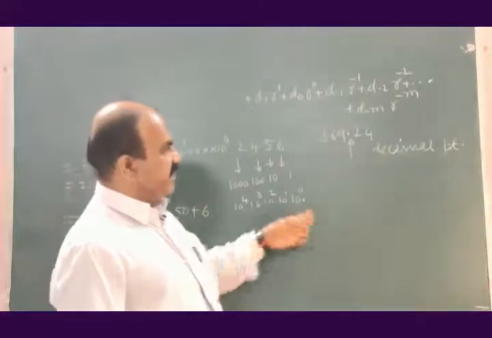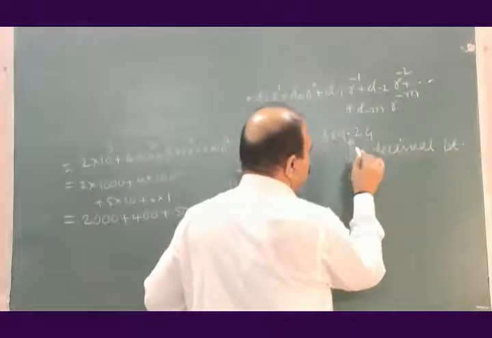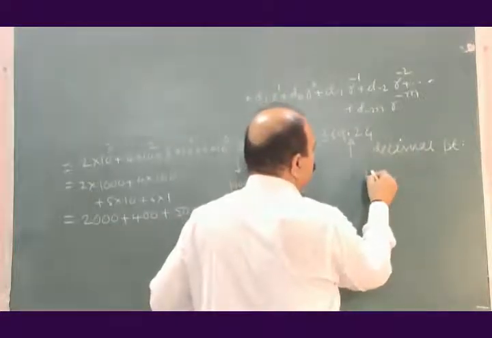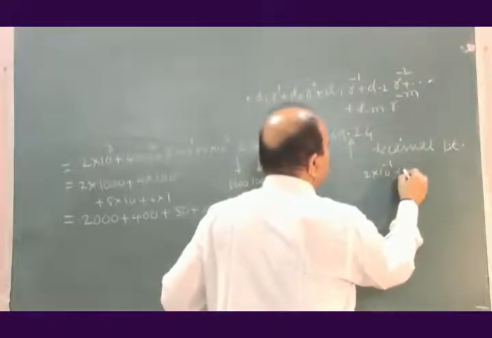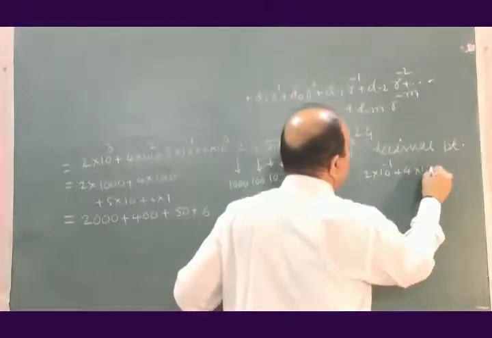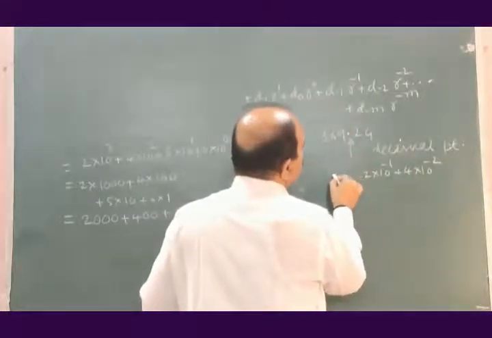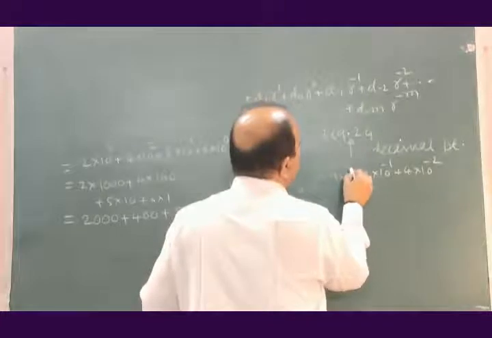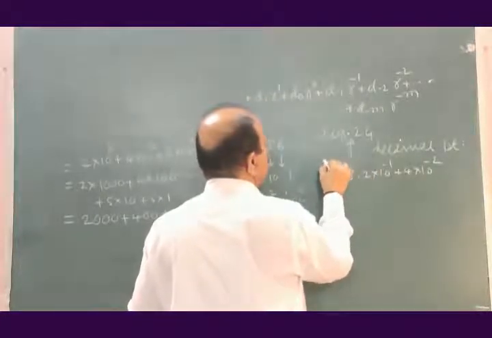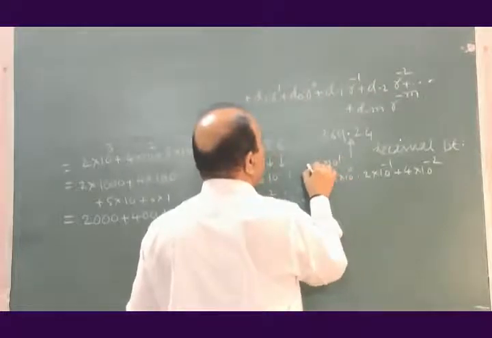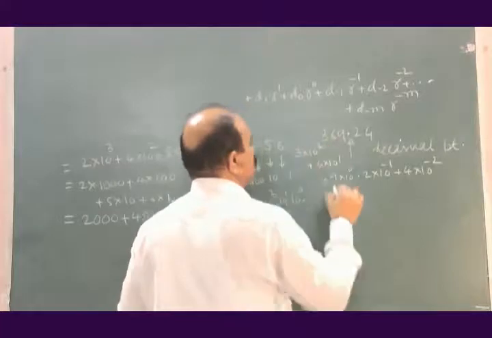Let us apply the same thing to this. Decimal point is here. 2 into 10 to the power minus 1 plus 4 into 10 to the power minus 2. Here 9 into 10 to the power 0 plus 6 into 10 to the power 1 plus 3 into 10 to the power 2.